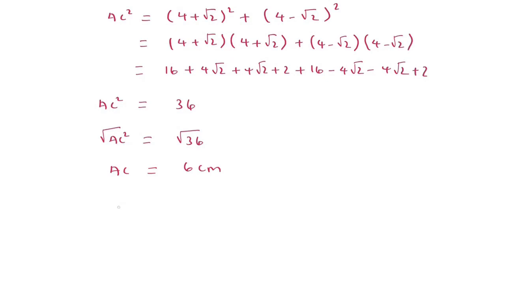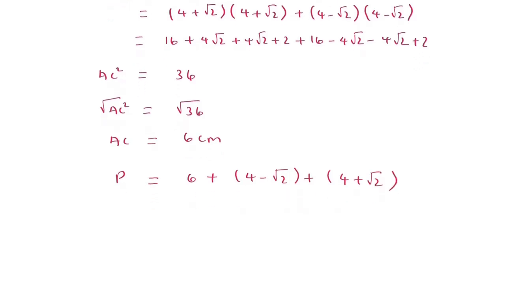Okay, so now to find the perimeter, we are going to take 6 plus, in brackets, 4 minus root 2 plus, in brackets, 4 plus root 2, of which after solving the values, we are having perimeter equals 14 centimeters. And that is going to be our answer.